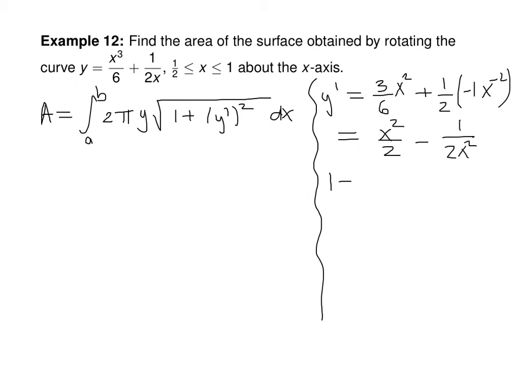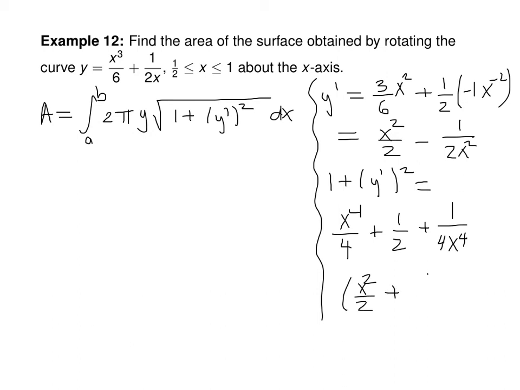And when you compute 1 plus y prime squared, you get x to the 4th over 4 plus 1 half plus 1 over 4x to the 4th. This is tricky, but this factors into x squared over 2 plus 1 over 2x squared, all squared.